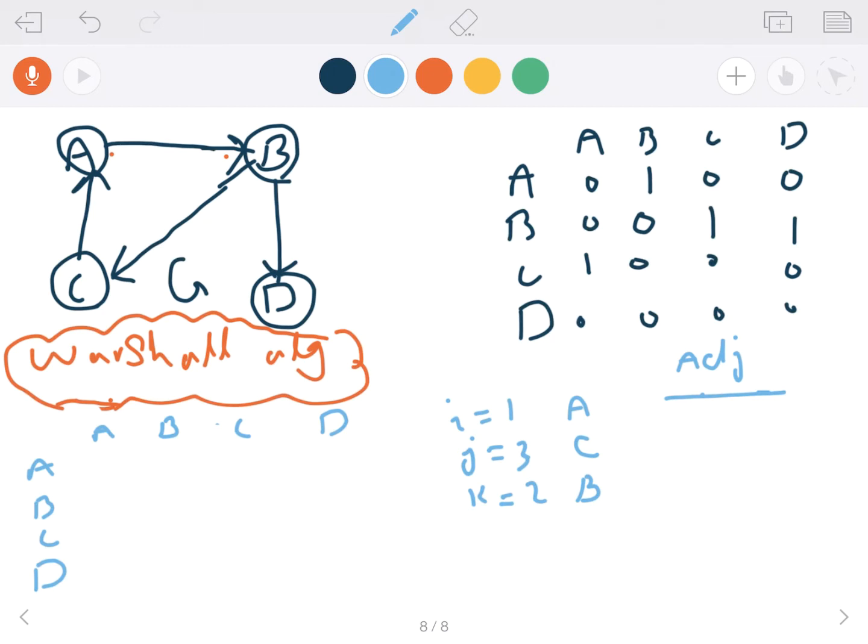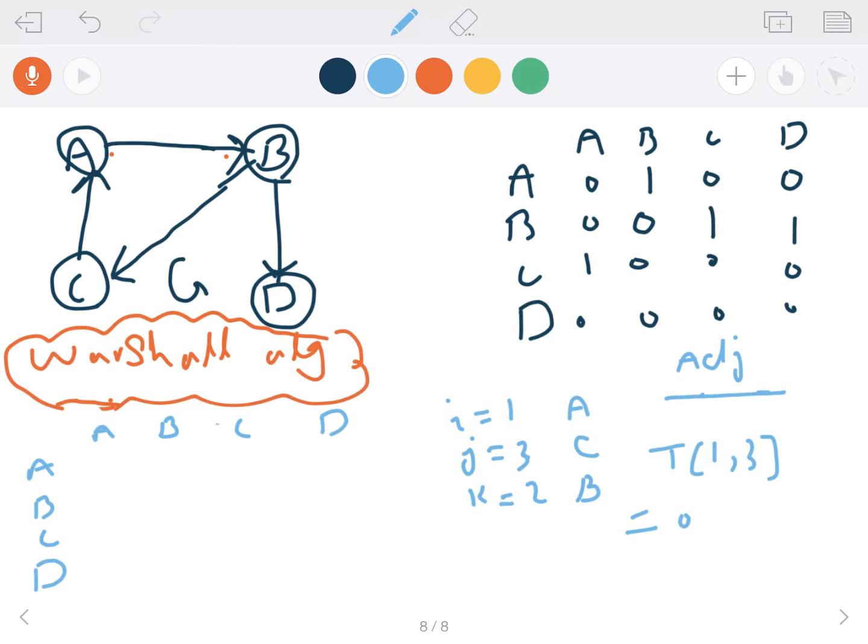So the transitive closure for 1 and 3 means from A to C. From A to C is going to be its current value that we have, that is A to C, as you see, is going to be 0 so far, because there's no path.